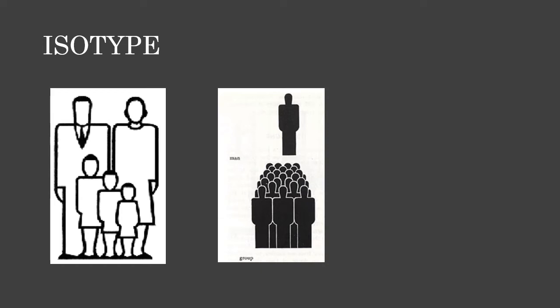Here's another example of one of the ISOTYPE pictograms. Being the administrator of the museum, which had a lot of demographics and statistical data that it was representing, Neurath really rejected using histograms and other pie charts, bar graphs, and numerical data sets.